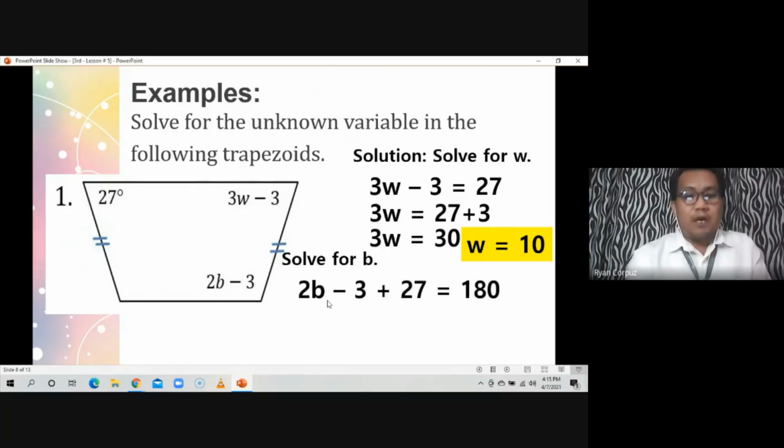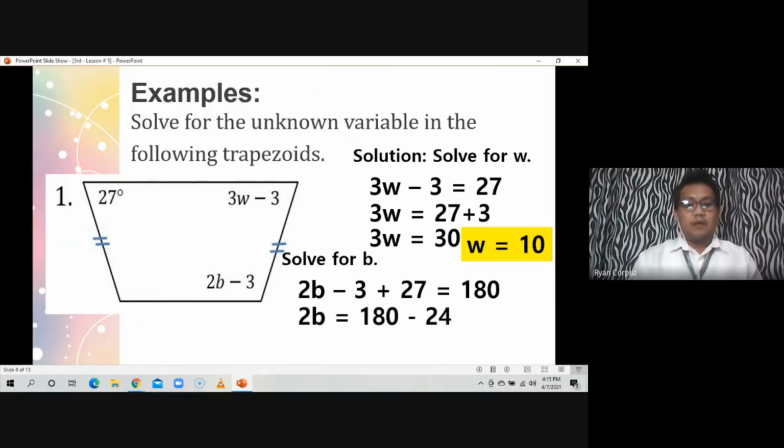So, 2B minus 3 plus 27, i-add yung dalawa, then it will be equal to 180 degrees. Simplify negative 3 plus 27, you'll come up with 24. Then move yung positive 24 to the right side of the equation, magiging minus 24. Then 180 minus 24, it will be equal to 156.